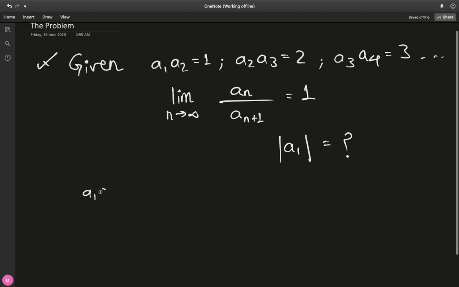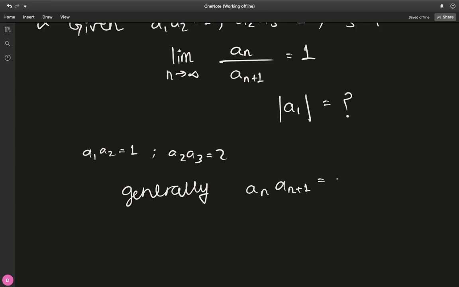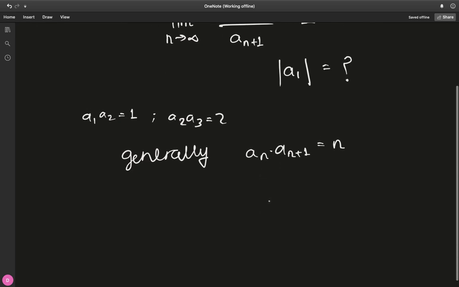If a1 times a2 is equal to 1, a2 times a3 is equal to 2, so we can generally say a sub n times a sub n plus 1 is equal to n, right? Because you can check for all the cases. It's basically equal to the index of the preceding term of a sub n plus 1. Fair enough.